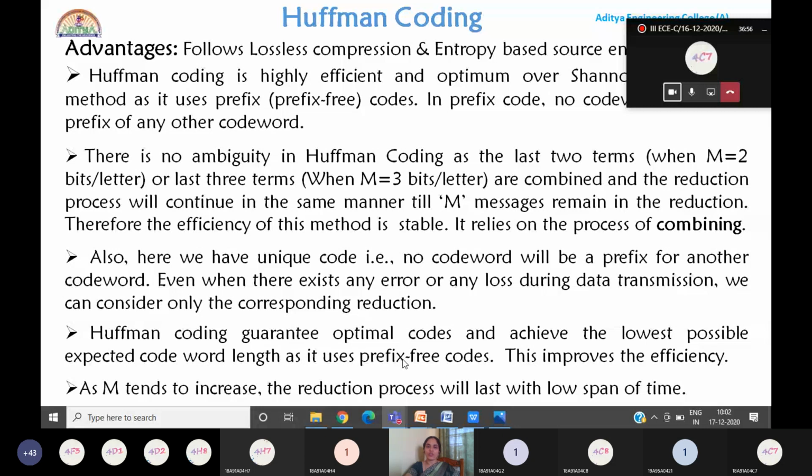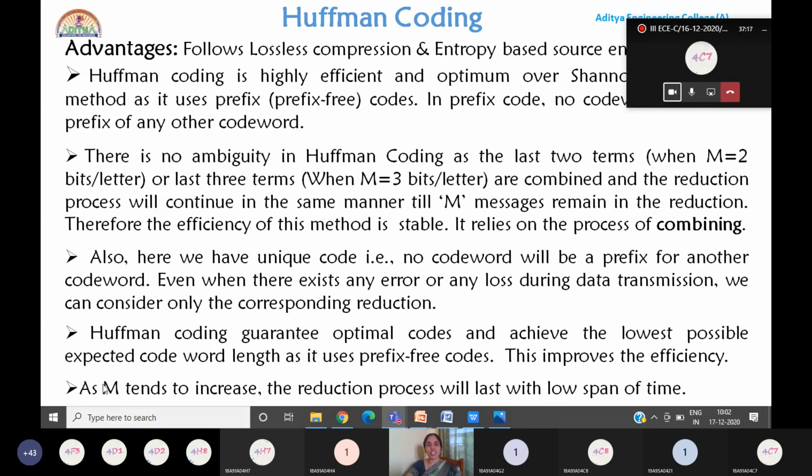What happens whenever the code word length reduces? Efficiency will increase, because efficiency eta is equal to H(X) divided by L bar multiplied by log M base 2. Because L is in the denominator, as L decreases, our efficiency eta will increase.